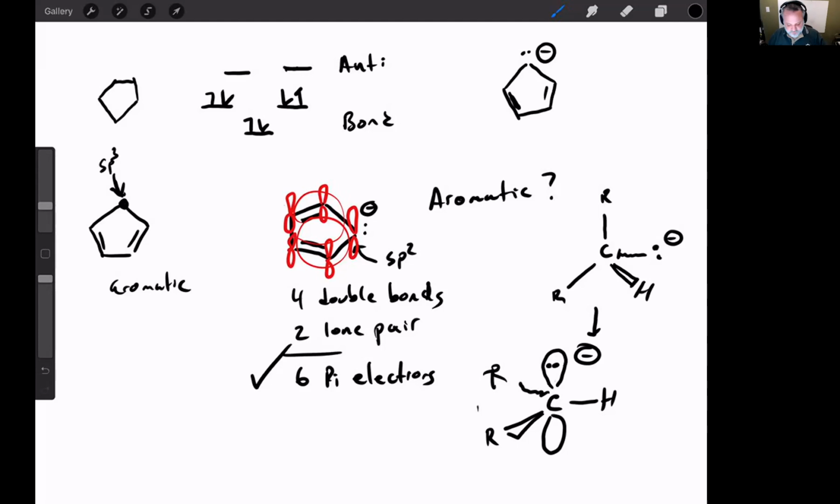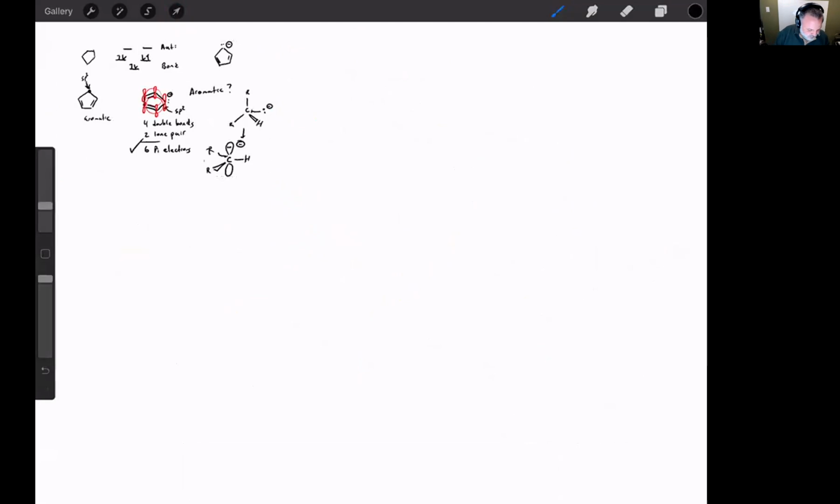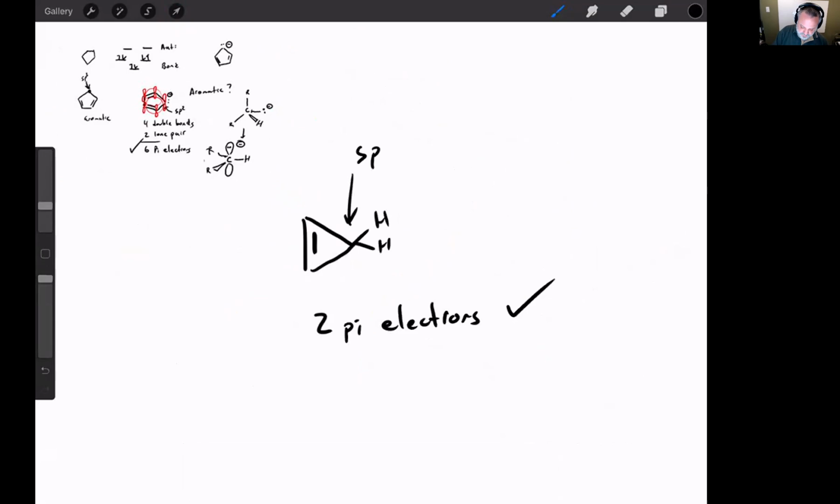Well, what about the situation where it's not an anion? What about a cation? Can a cation do it? Well, let's take a look at cyclopropene. Cyclopropene has 2 pi electrons. Yep, that's a Huckel number. If it's neutral, then this is an sp3 hybridized carbon. Well, what happens if I lose a hydrogen and I form a cation? What do we know about cations?